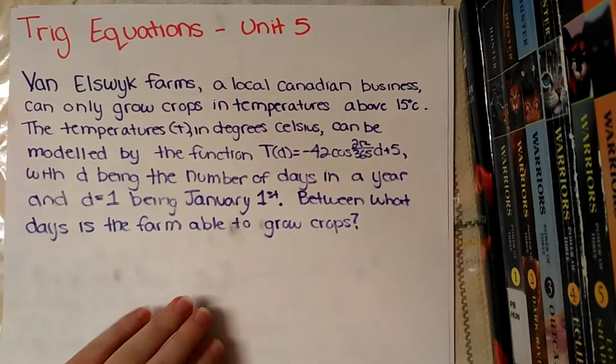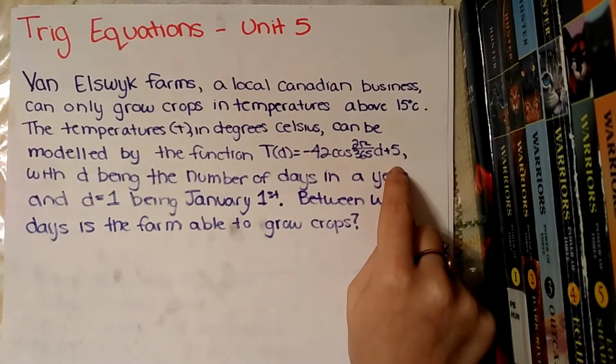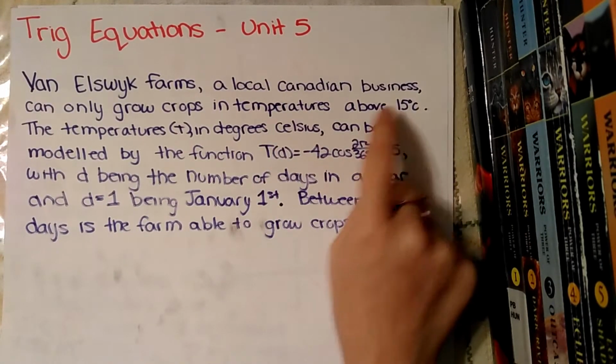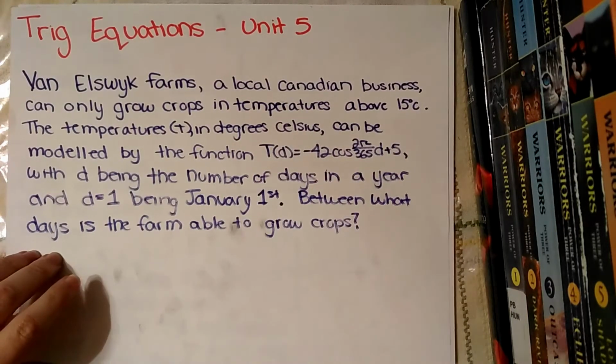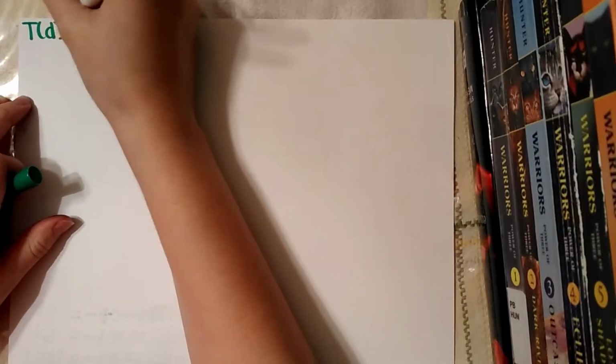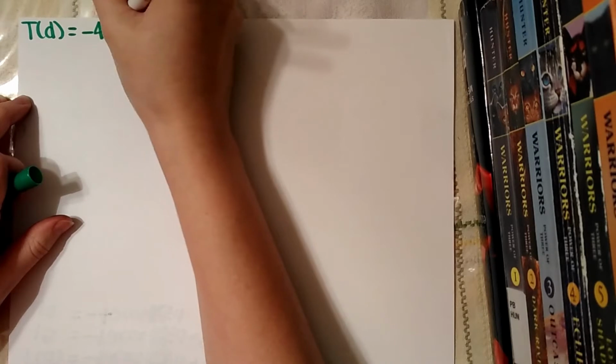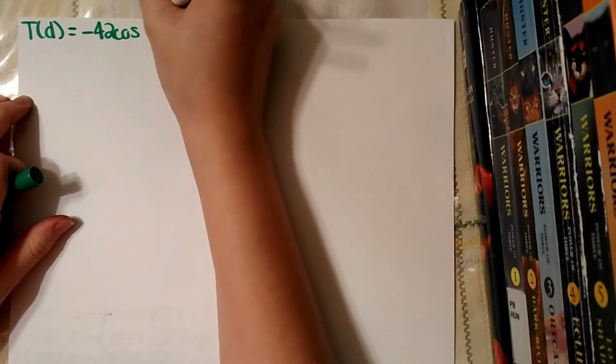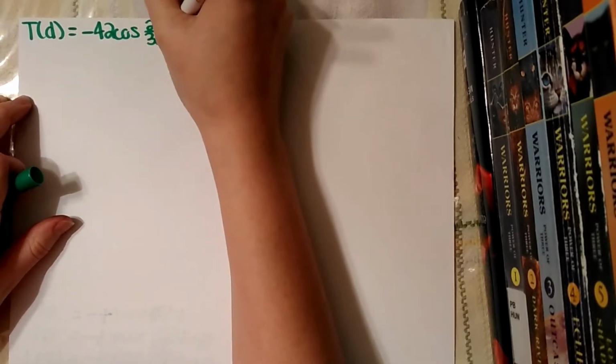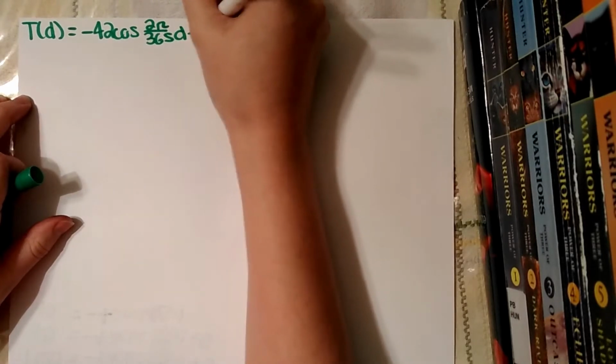Going back to the word problem, we are given the function, and we must sub in what we are trying to find, which is 15, for temperature. Our original function is T of D equals negative 42 cos 2 pi over 365 D plus 5.